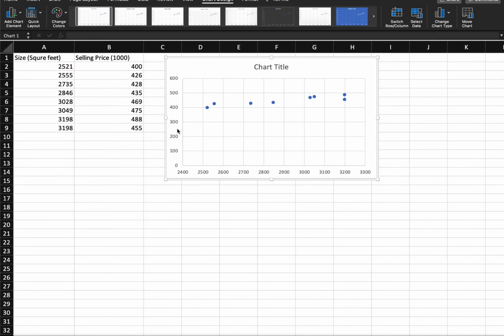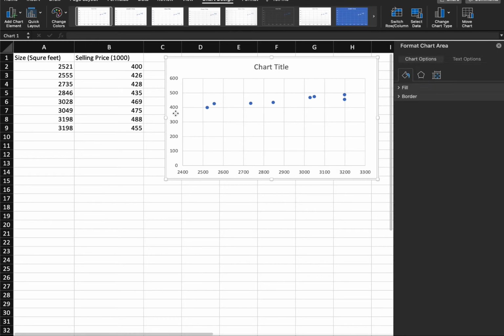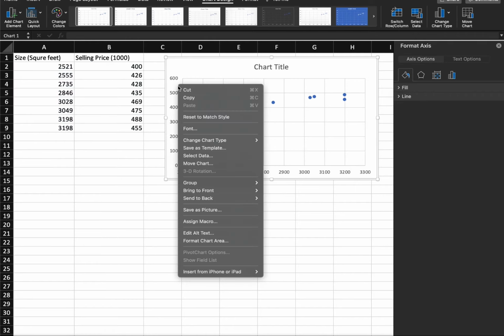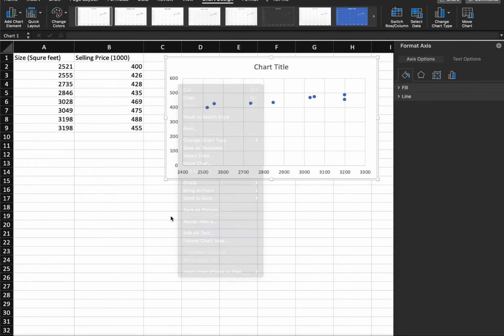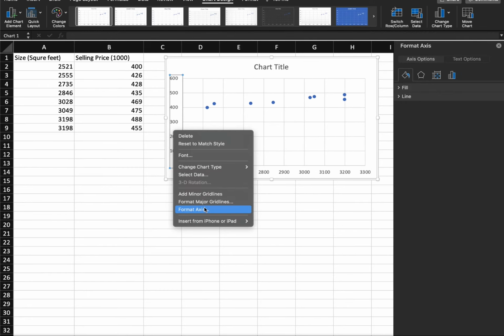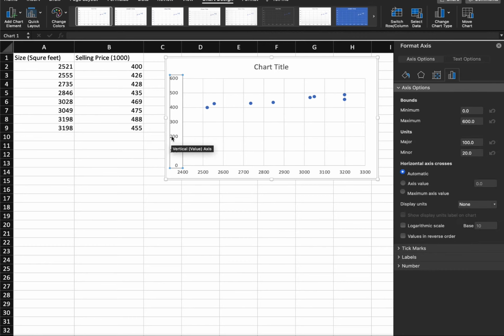You go to your y-axis, press format axis. And then here the minimum is 0. But let's make the minimum equal to 380. And if you click on that, then this looks a lot like what we've been working with.